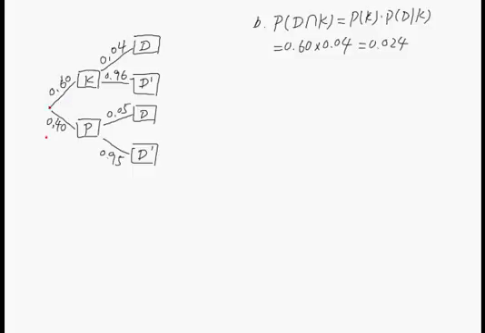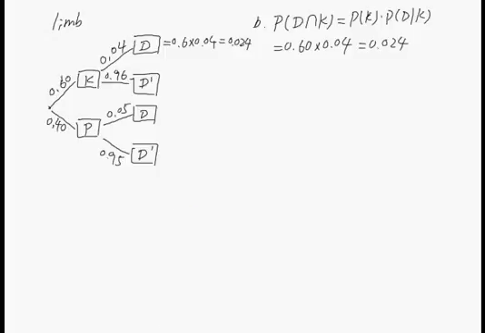We call a sequence of branches which starts at the root of the tree diagram a name. So we multiply the two probabilities on this name, then we get 0.6 times 0.04, and this is equal to 0.024. So part B finds the probability that a bag is defective and the bag is from Korea.